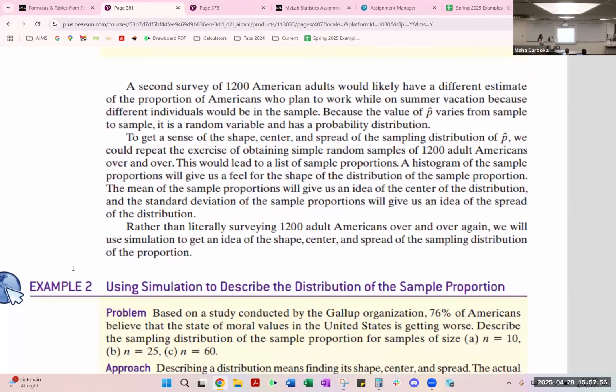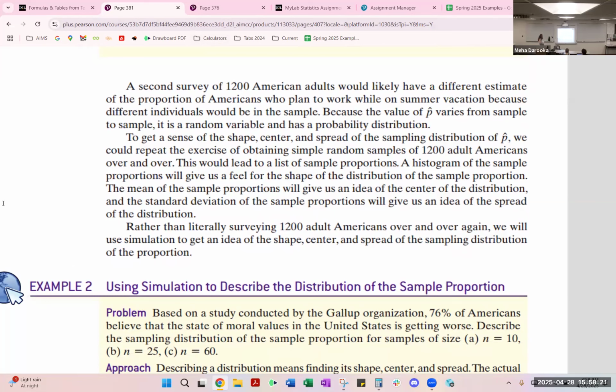So again, if we did a second survey of 1,200 Americans, we would probably end up having a little bit of a different estimate depending on how many people said they were going to work during vacation. Because the value of p hat varies from sample to sample, it is a random variable, and therefore it can have a probability distribution of its own.